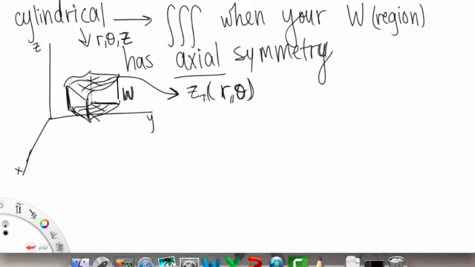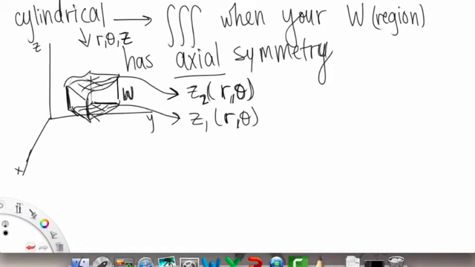And I'll actually make this a z2. I'm just switching notation, it's not that significant. And the lower one I'll just make z1. So that's what the top and bottom surfaces are represented by.